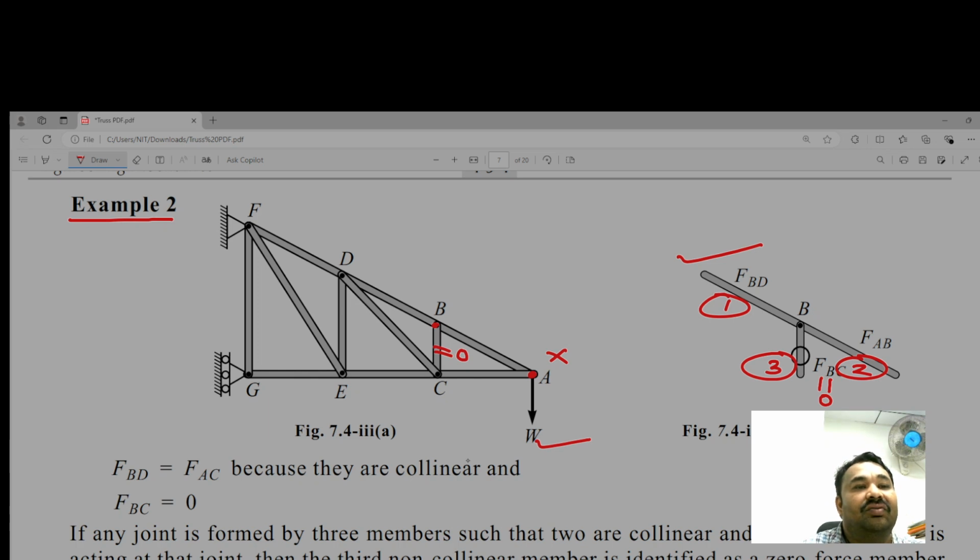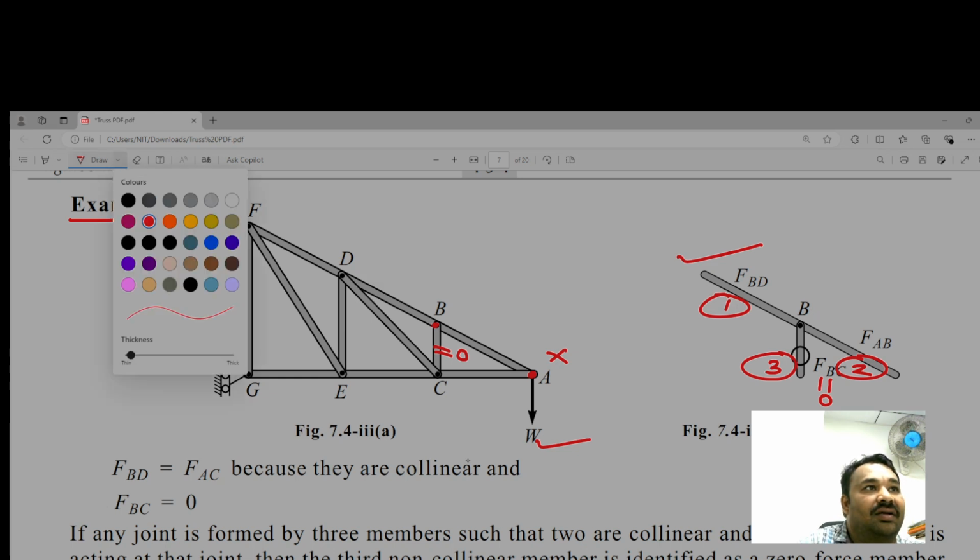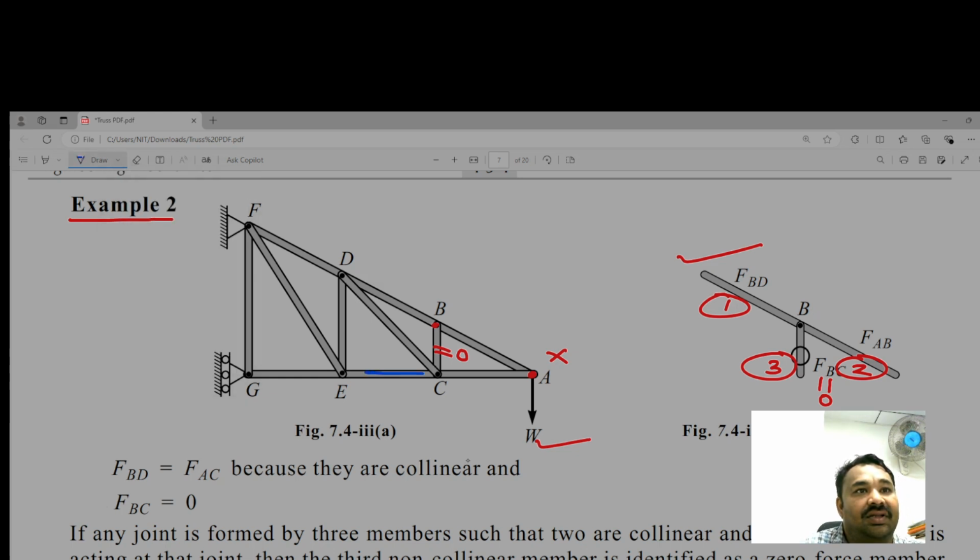Now the same condition is here. FCE and FAC, you can write, are equal because both are collinear. But this third member will be equal to 0.